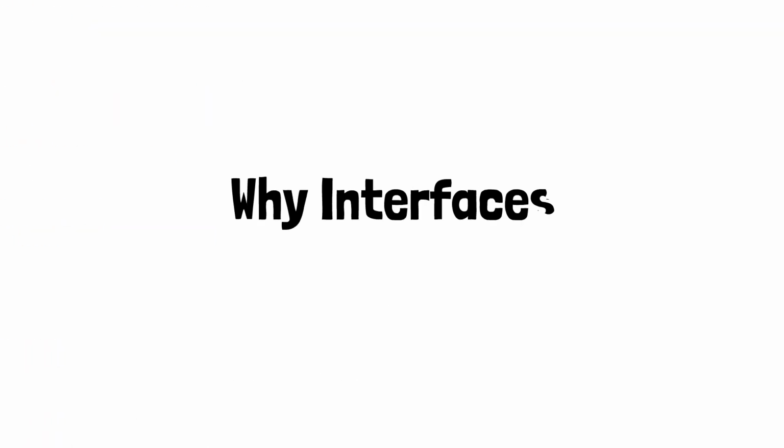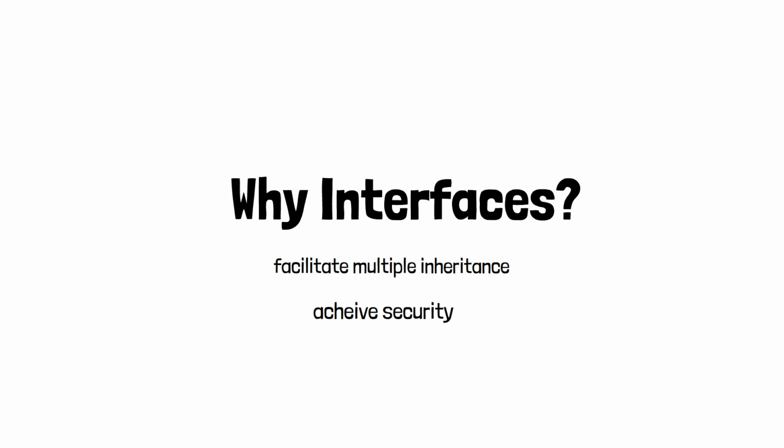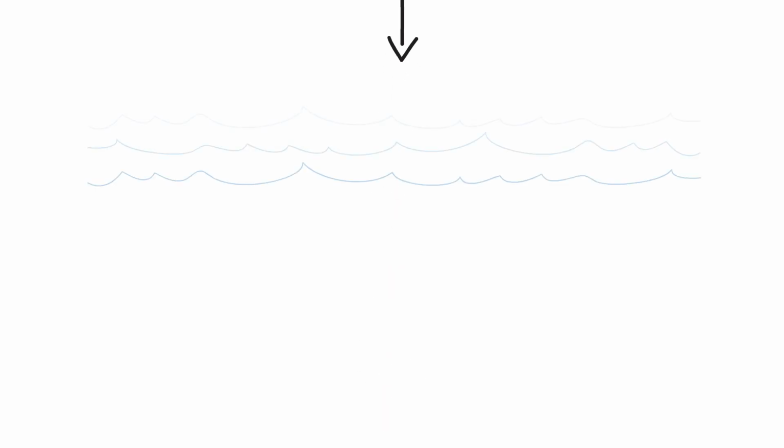Interfaces are also useful because they help us to facilitate multiple inheritance, which cannot actually be done with just inheritance alone. They also help us to achieve a level of security because they hide implementation details from the user, and this is exactly why they're abstract. In part 1 of this video, we saw that abstraction refers to hiding the complexity of a system underneath a higher level idea.